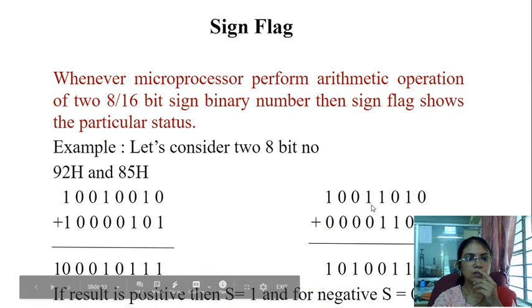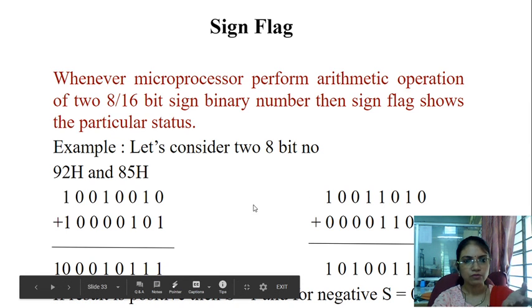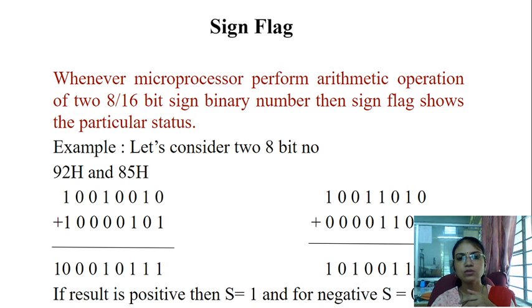So here suppose you are adding two 8-bit numbers, and after adding the two 8-bit numbers your result is a positive number, then sign flag becomes S equal to 1. While if after adding the two 8-bit numbers your result is a negative number, then sign flag is equal to 0.